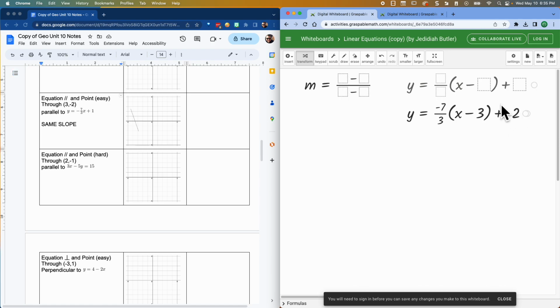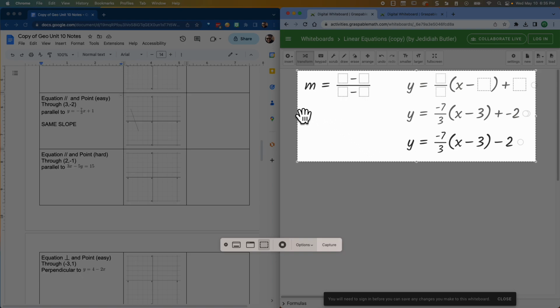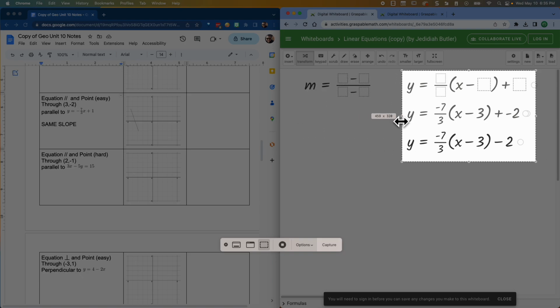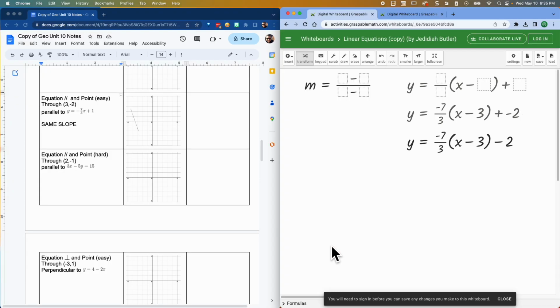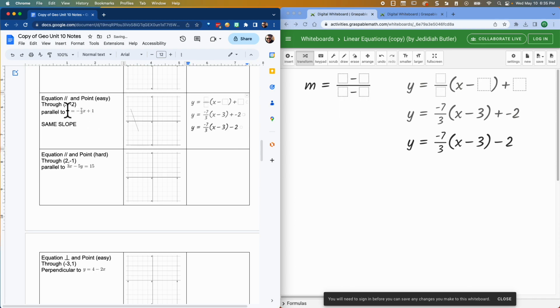So we tend to combine them into whatever combination those two things multiply to. So plus minus is really minus. So this would be our final equation for something that's parallel to that slope, but goes through this point here.